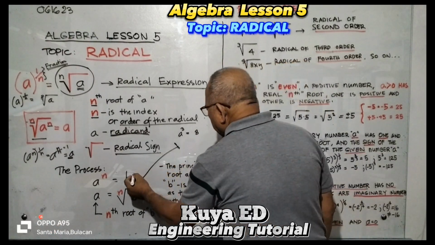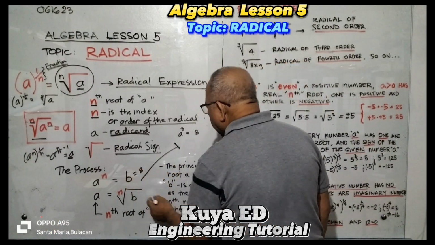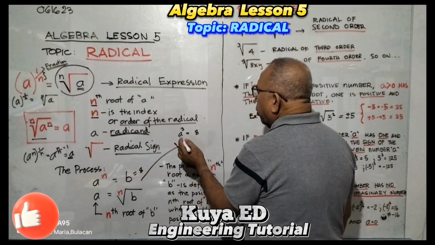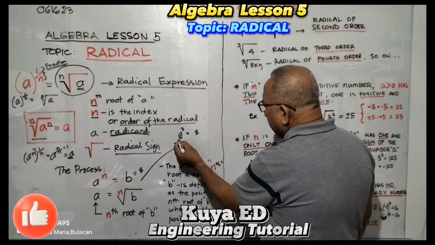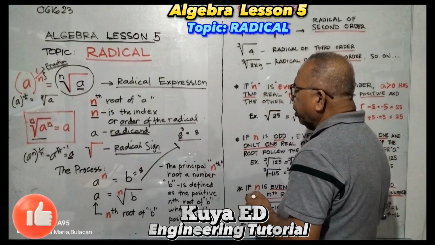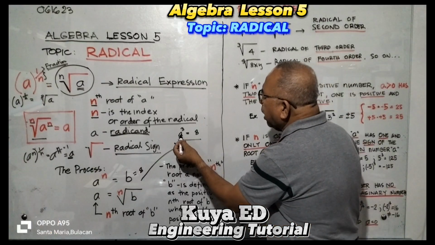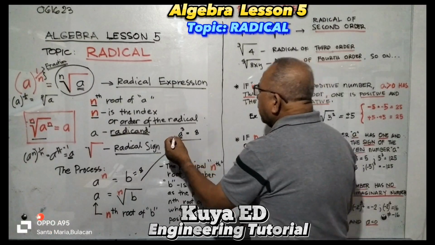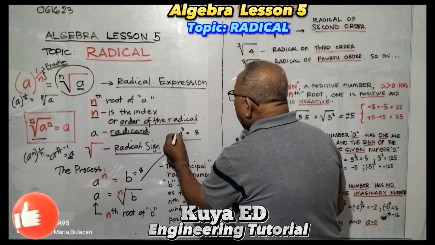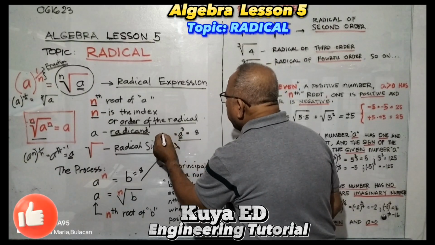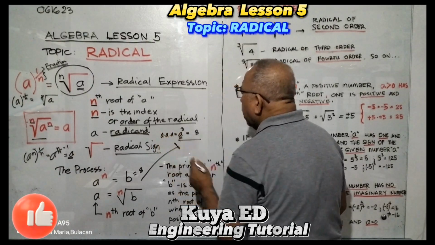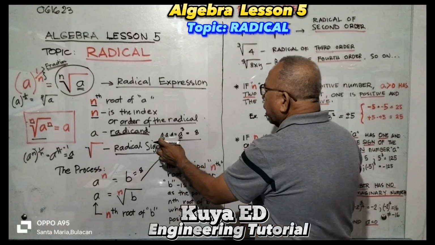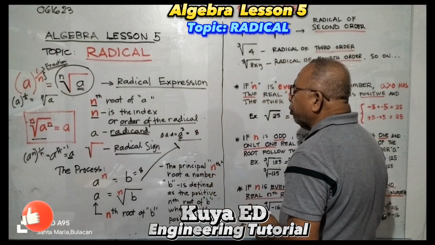If B is 8, and you want to get the value of A, yan ang magiging mangyayari. Hindi pwede na ibigay natin na tatlong A, kasi A cube is equal to A times A times A. So, hindi pwedeng tatlo, isa lang ang ating kukunin.